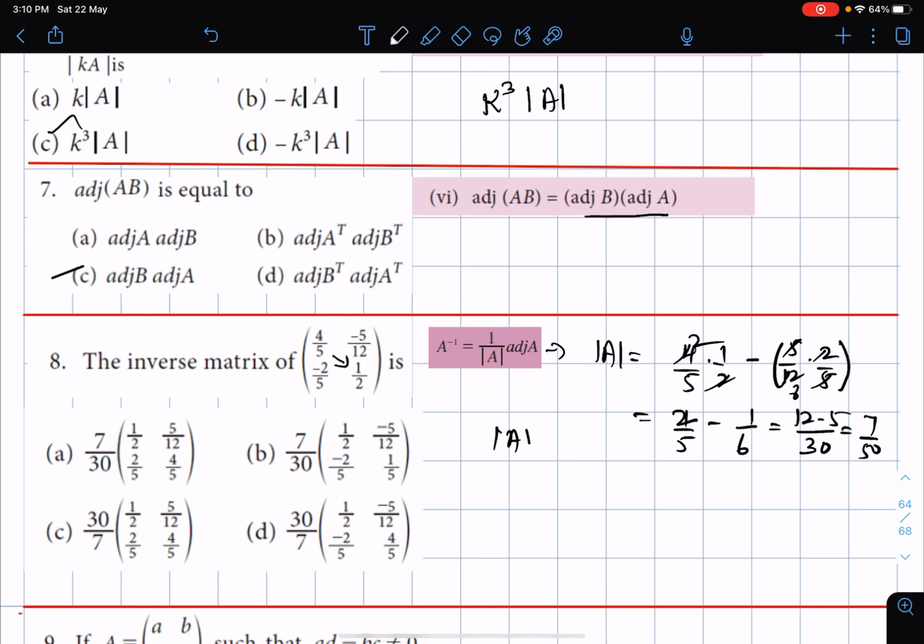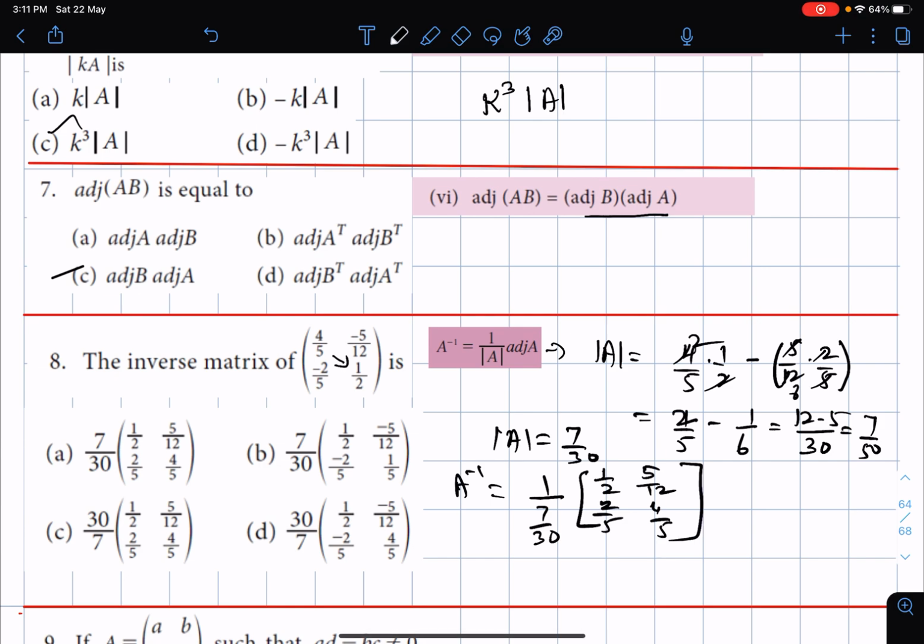So determinant A equals 7 by 30, and you know how to find adjoint A directly, so you can write A inverse equals 1 by 7 by 30 into, so you are going to interchange the main diagonal, 1 by 2, 4 by 5, and here both have got minus, so both will become plus, 5 by 12 and 2 by 5.